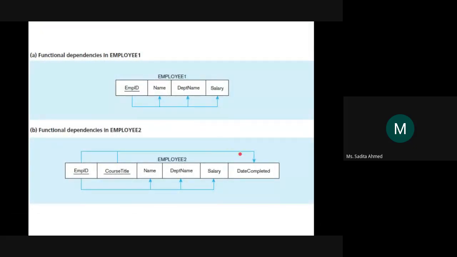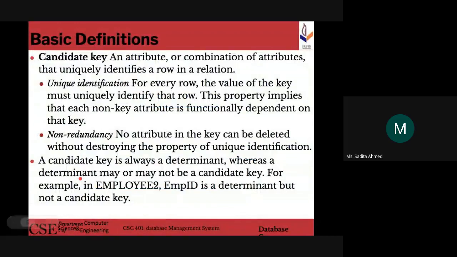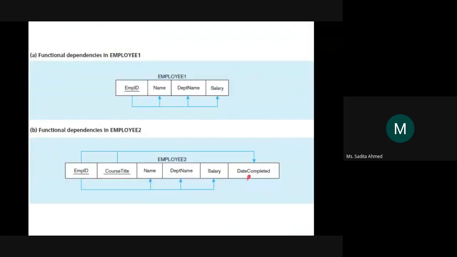No. Regardless of whether date completed is a part of the primary key or not, unique identification will still happen. That is, whether date completed is there or not, it doesn't make any difference. Even if date completed is not there, emp id and course title, this combination will still be able to uniquely identify all the rows. So making date completed a part of the primary key is redundant.